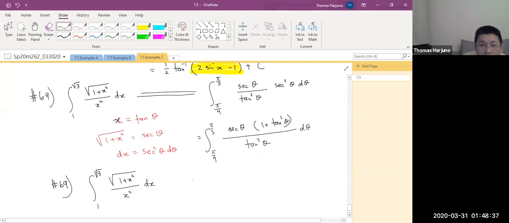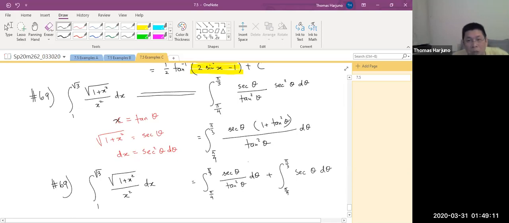So the second term is nice, the first term is not really nice. The first term I will get secant theta over tangent squared theta, plus the second term, which is nice. It's just secant theta. Integral of secant theta is ugly, but at least it's doable. But I have an issue with the first part.